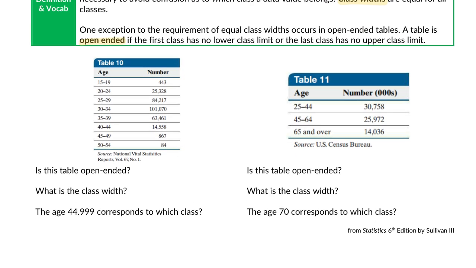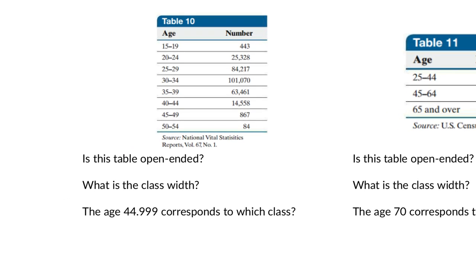So if we look at these two examples of tables with classes, the first question is: is this table open-ended? Do we have a for sure stopping point at the bottom and at the top for this one? Yeah, so this is not open-ended. But we can figure out the class width. How wide is each class?